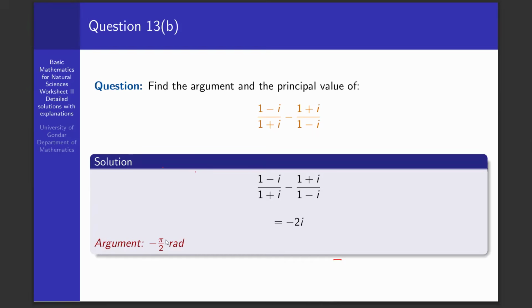So this could be approximated as minus 3.14 over 2, something like that. You can approximate it, or even we can put it like this in radian measure.